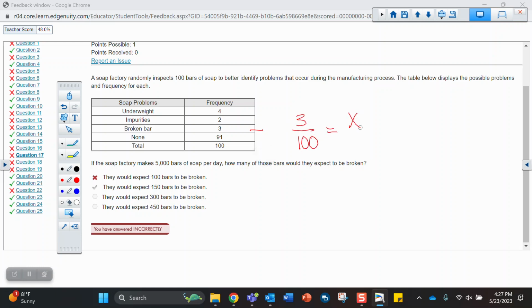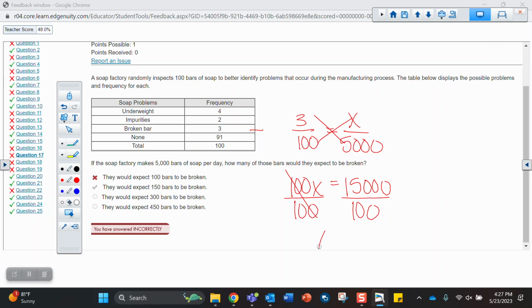So how many out of 5,000 would we expect to be broken? So we're going to do 3 times 5,000 and 100 times x. And divide both sides by 100. So we would expect 150 bars to be broken.